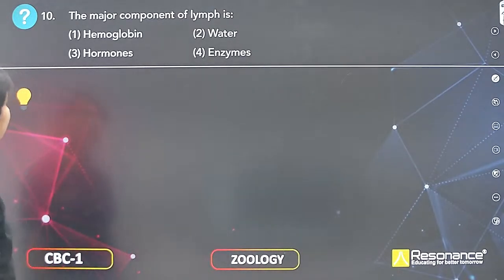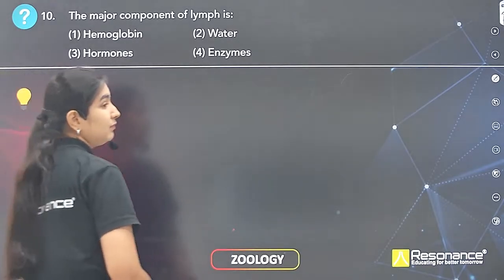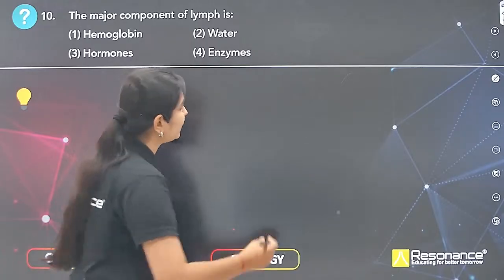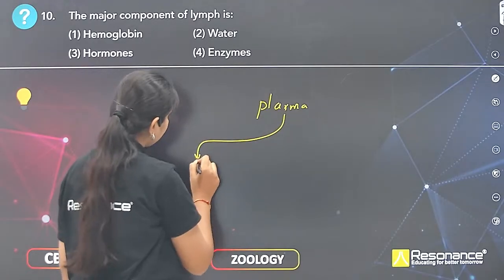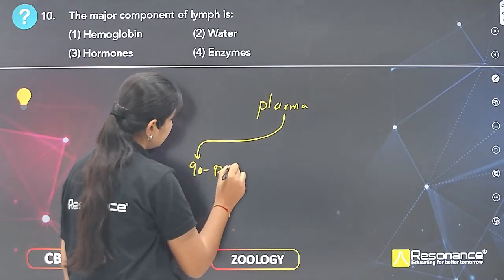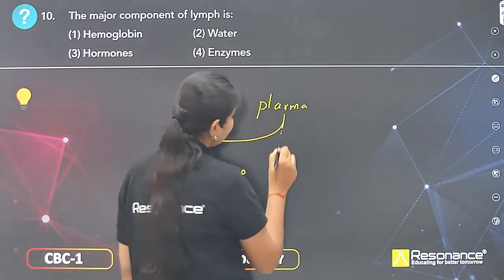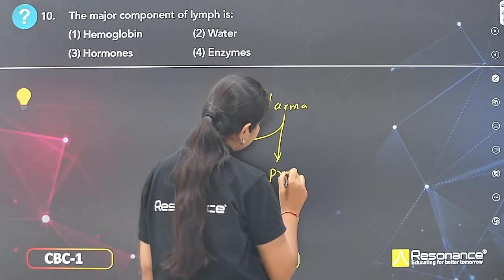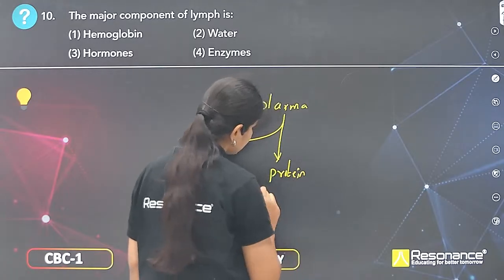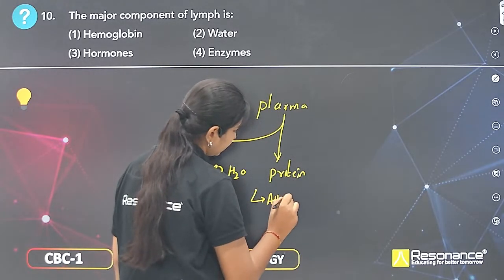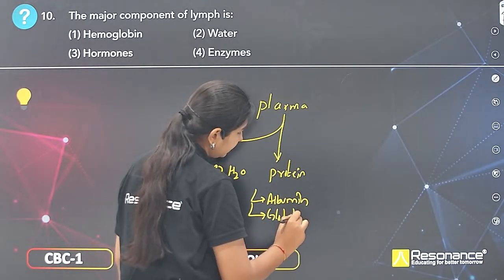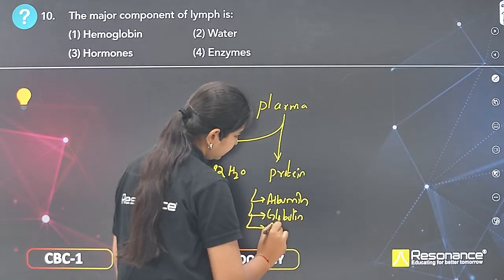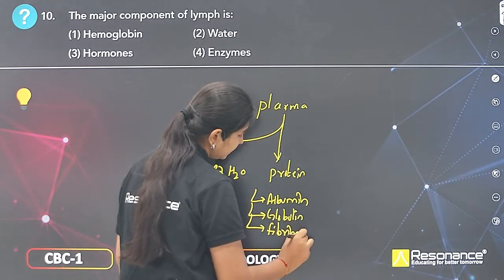Next, the major component of lymph. What is the major component? I told you the composition of the lymph is similar to the plasma. Now what exactly is your plasma made up of? 90 to 92% water. Next, you have the proteins: albumin, globulin, and fibrinogen.